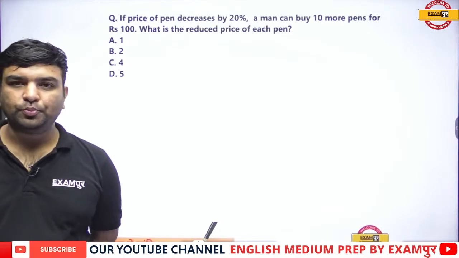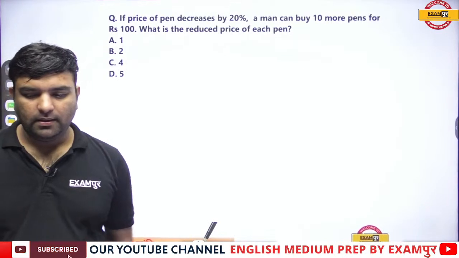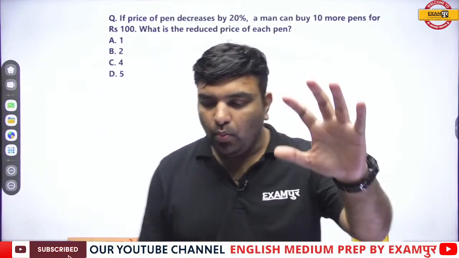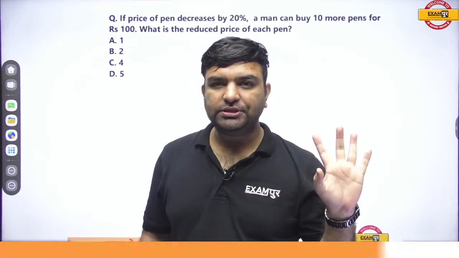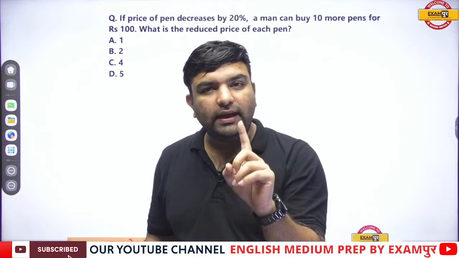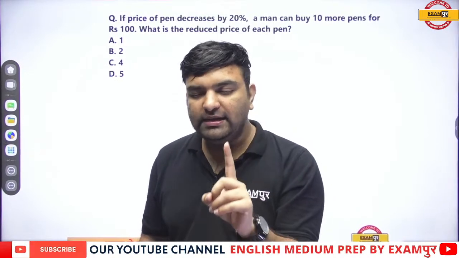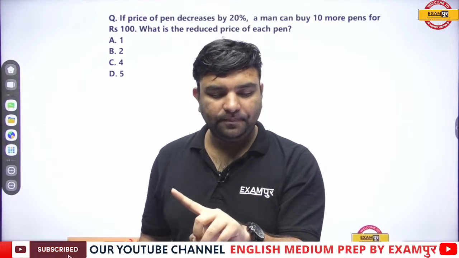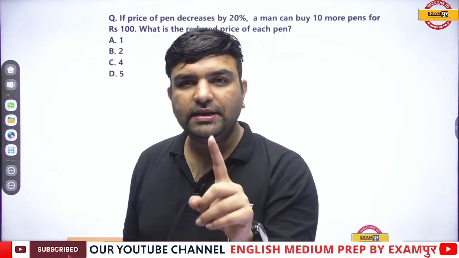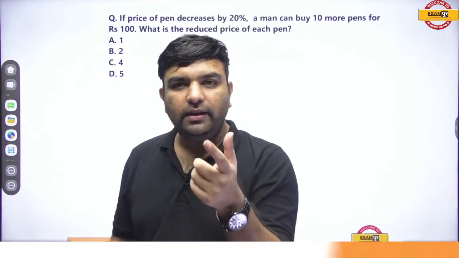What is the reduced price per pen? 10 more pens for rupees 100 means expenditure is constant. Quantity is increasing only because of the decrease in price.